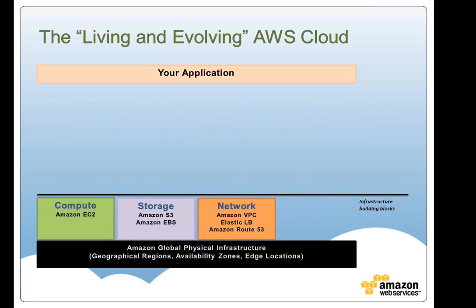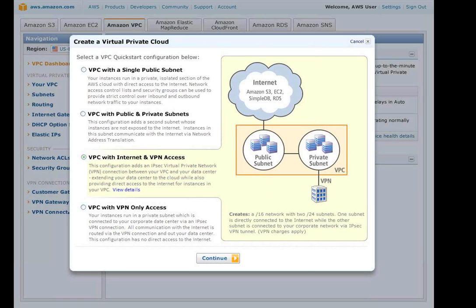Moving right along, there are multiple different network level services, including the virtual private cloud, the Elastic Load Balancer, and Amazon Route 53 for managing the domain name service associated with your domains. The virtual private cloud gives you the ability to create an isolated part of AWS, and within that isolated section of AWS, you have full control of network addressing, and you can break that isolated cloud into multiple subnets.